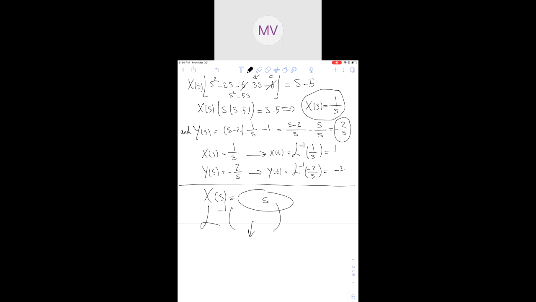The only way you can do this is if you can break this down to simple functions of s, maybe one of them is e to the t, the other one is sine of 3t, and one is cosine h of 2t, something like that. But before that, you should be able to break the huge function of s down to small pieces. And that's done by simply doing partial fractions. We'll do an example right away.